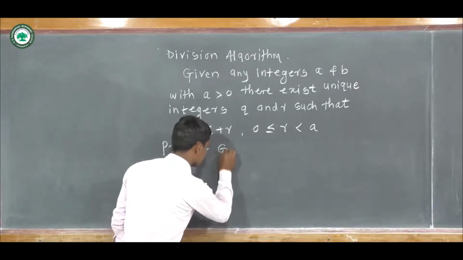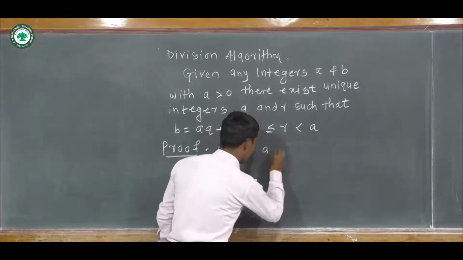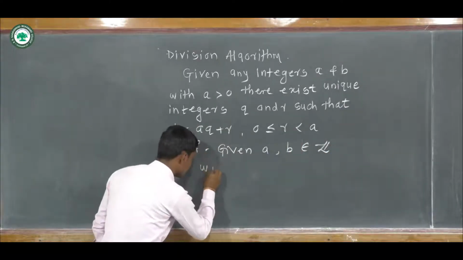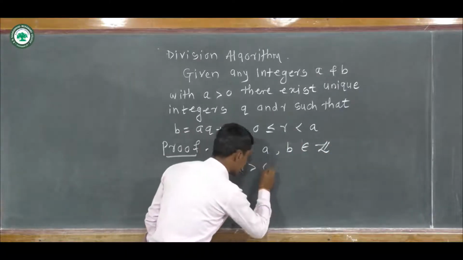Given a and b belong to Z with a greater than 0.